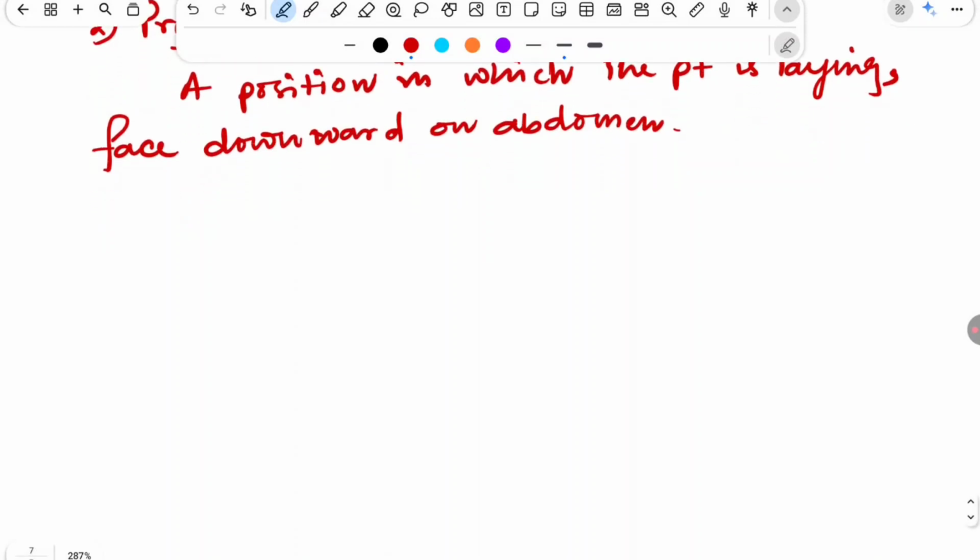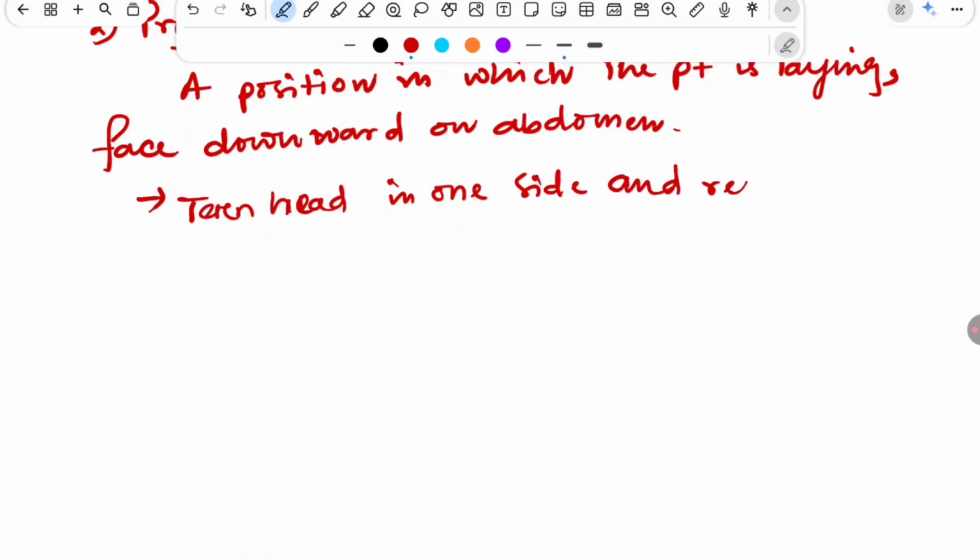Next we can write, turn head to one side and rest on the pillow.